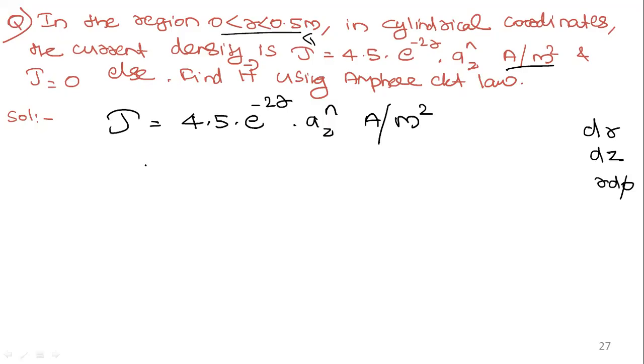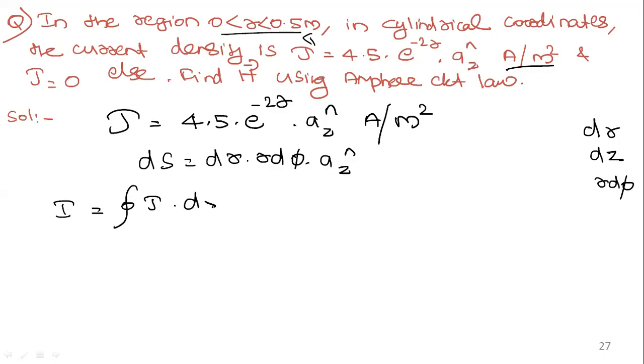Here it is surface ds only. So ds is equal to dr r d phi az, because the current density is given along az. That is where we should take the Amperian path, and we know that I is equal to integral J dot ds.